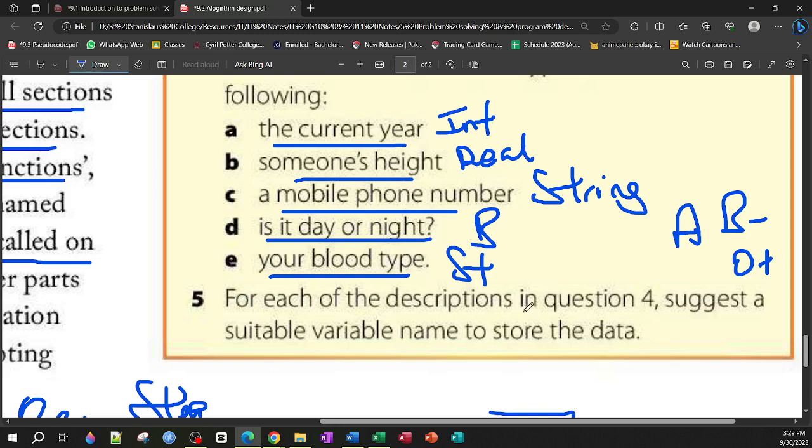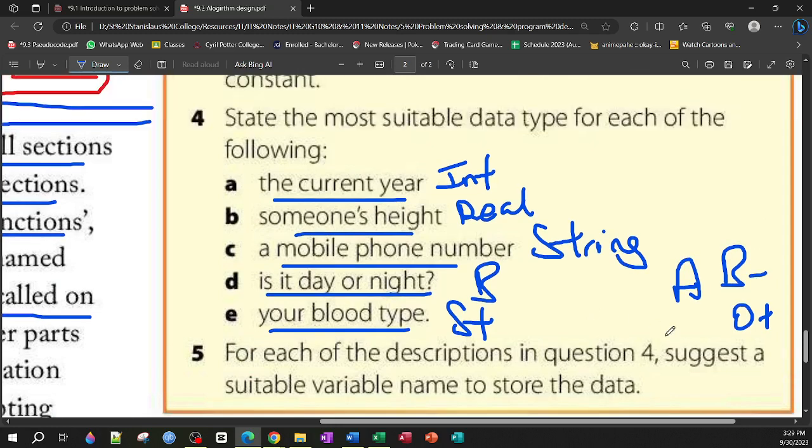And the final question. For each of the descriptions in question 4, suggest a suitable variable name to store the data. So what would be a suitable variable name for A?